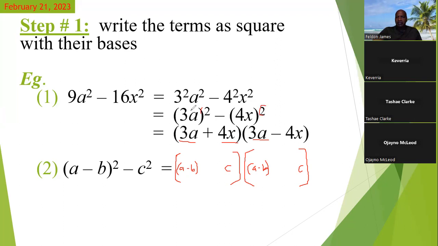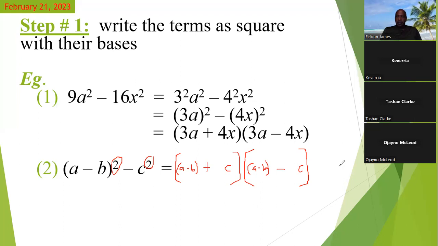So when we're factorizing, we take the base of the square terms and put them in brackets. The base of this one would be just this without the 2. The base of this one would be the C without the power 2. So you put them in without the powers. And then now you put one as a plus and one as a minus. And that's all there is to it.